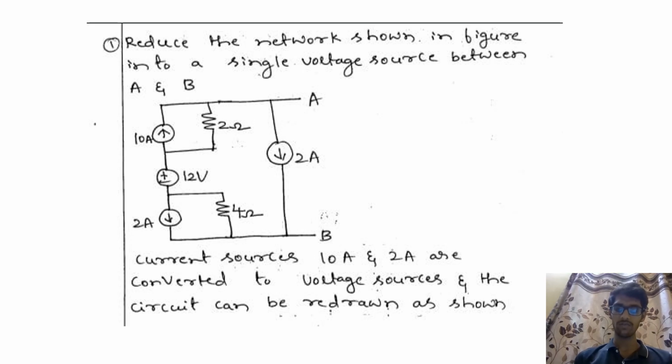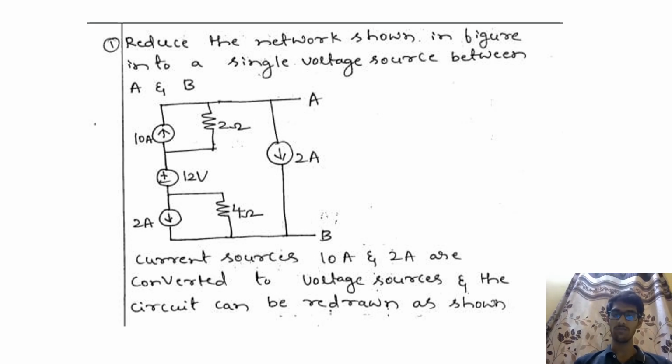Again, we have to simplify the circuit. For simplification, let's convert the 10 ampere and 2 ampere current sources to voltage sources respectively, because they are connected in parallel to their respective resistances. Here, in this problem, you have to note a point.